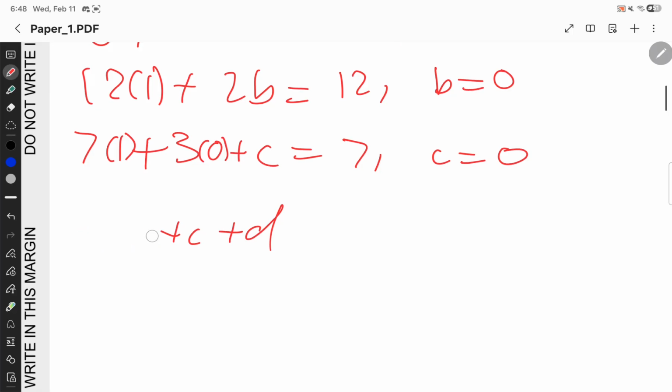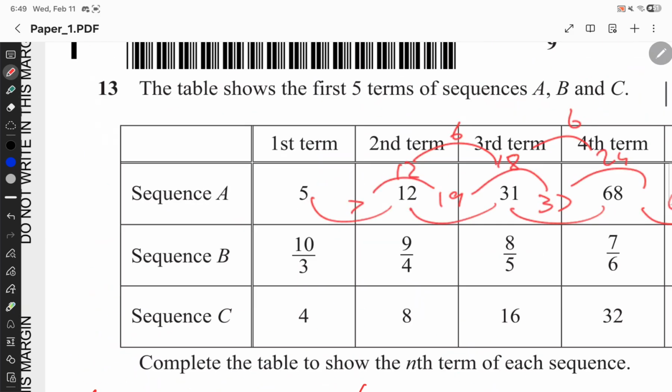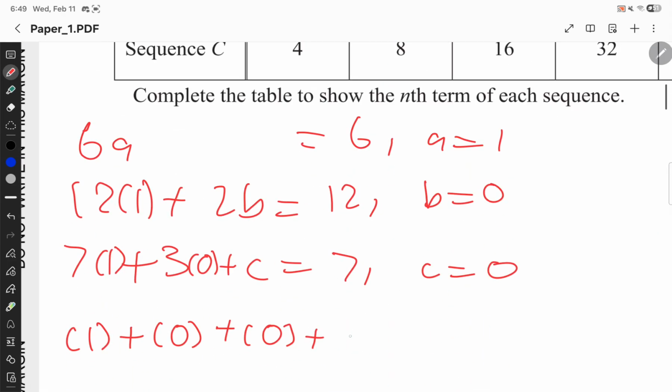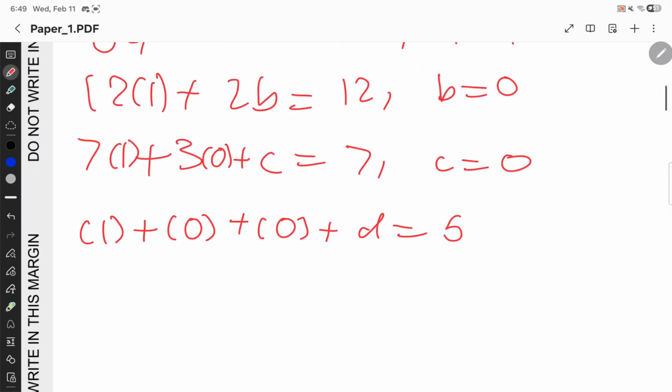Next we use the last formula, which is a plus b plus c plus d. d was the first term. Now 1 plus d is equal to 5, so d is naturally equal to 4.